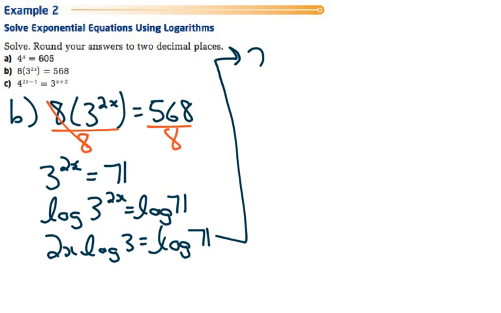Step over to the calculator. If we do log of 3, we get 0.47712. Do log of 71, we get 1.85126.